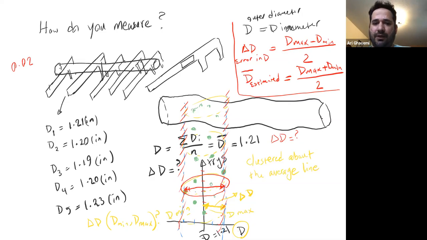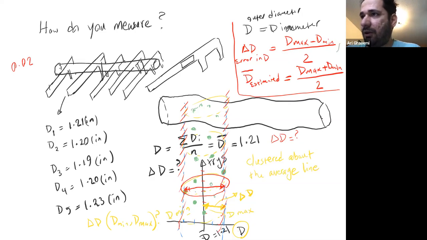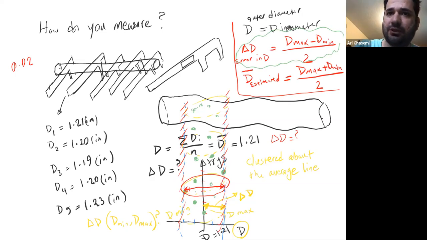Let's see if we get 0.02. You just use this formula here, highlighted with green. Max here is 1.20 minus min, which is 1.19, divided by 2.